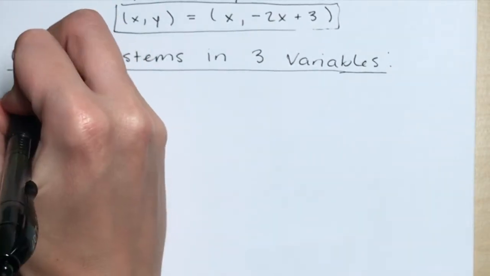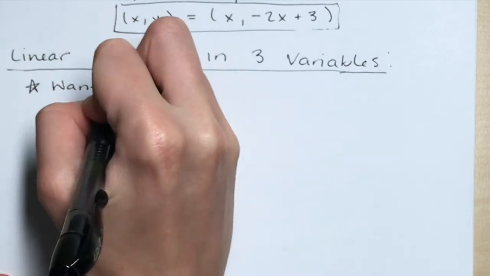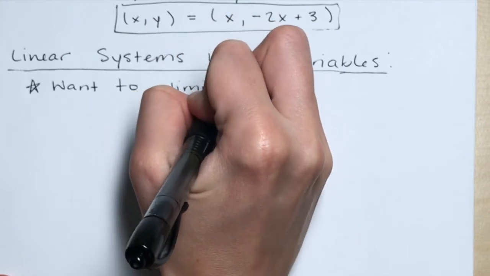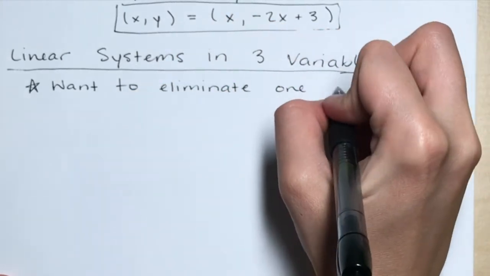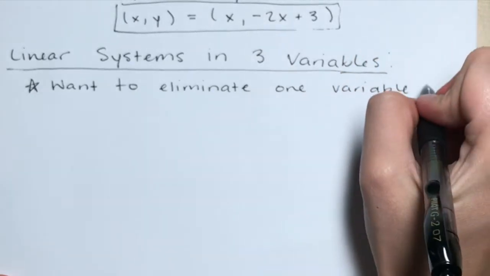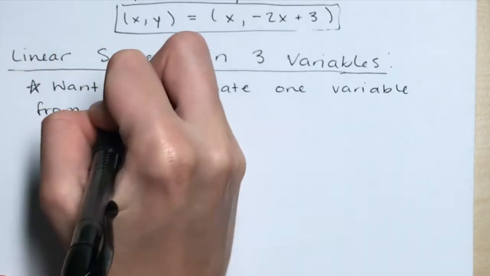So what we want to do here is eliminate one variable from 2 equations.